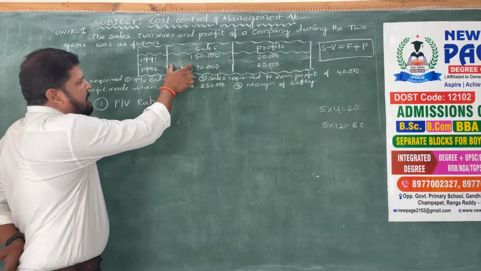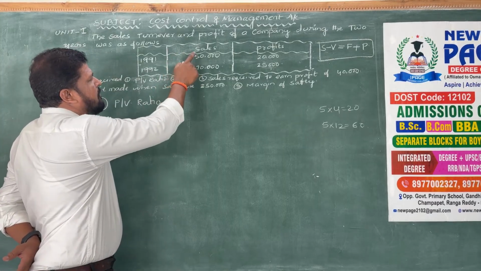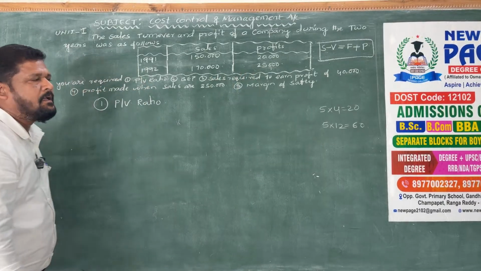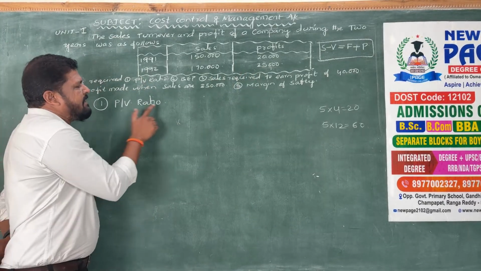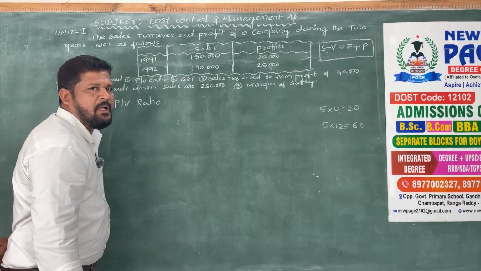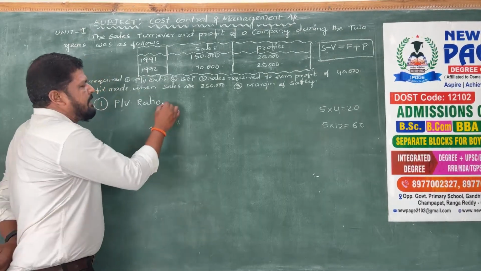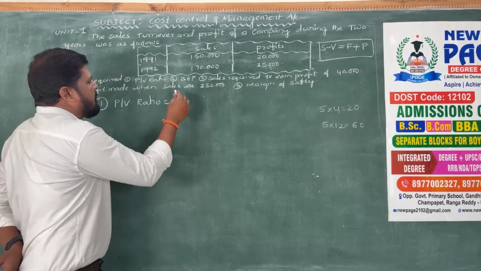Here the details about 2 years sales and 2 years profit are given. Actually, PV ratio, what is the formula? Contribution by sales into 100. But here we use another formula.